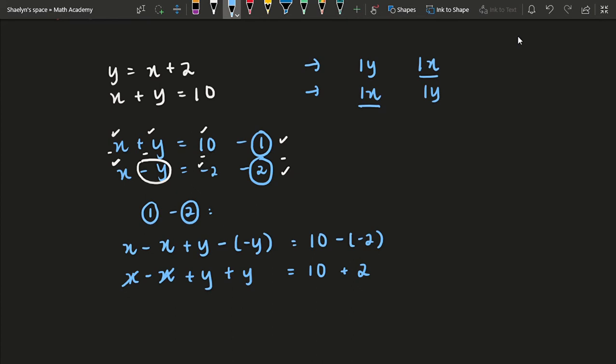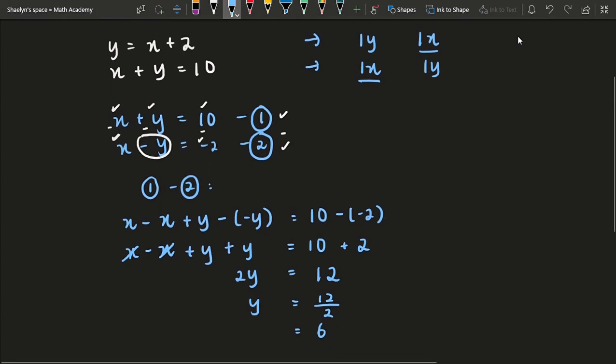It's just like 1 apple minus 1 apple, you have nothing left. And then banana plus banana, you got 2 bananas. And then you just solve it. The 2 moves to the right-hand side, what do you do? Yes, you divide it. So it is something like this. Okay, so the final answer is y.